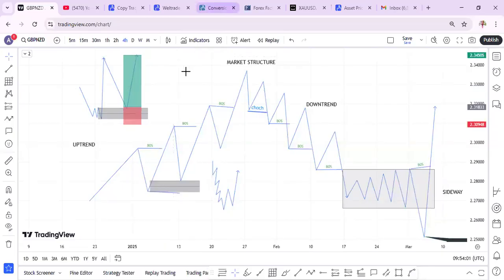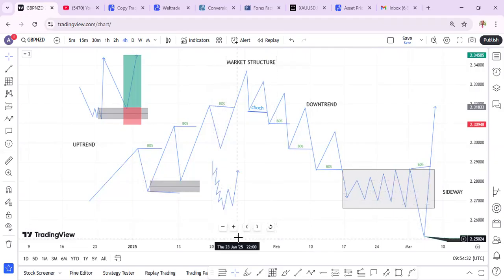Or you wait for price. As it's coming to the demand, maybe you are on 4 hours, you can go to 15 minutes or 30 minutes and wait. This leg is what we know as a retracement leg in the higher time frame, but in the smaller time frame, 15 minutes is actually causing another break of structure.